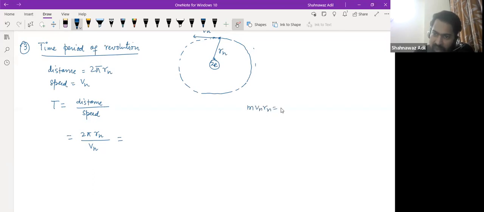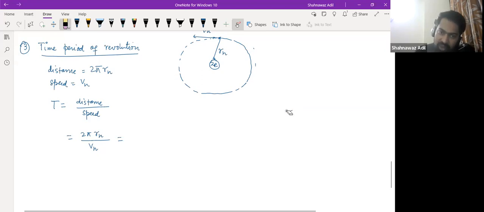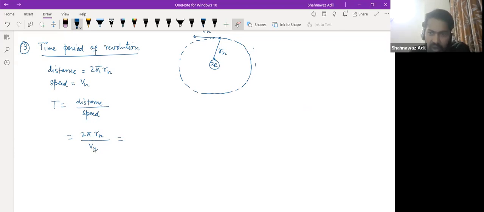Rn is n squared h upon 2 pi. So what we can do is either put all these values of Rn and Vn, or we can use the second postulate. So let us use the second postulate.